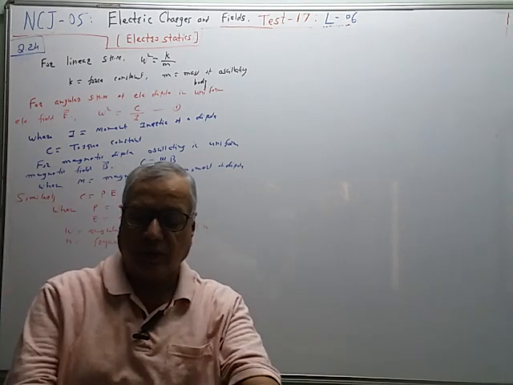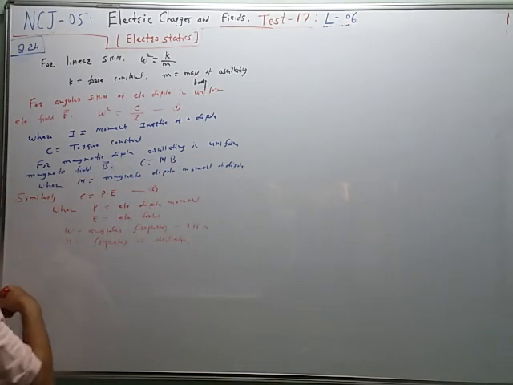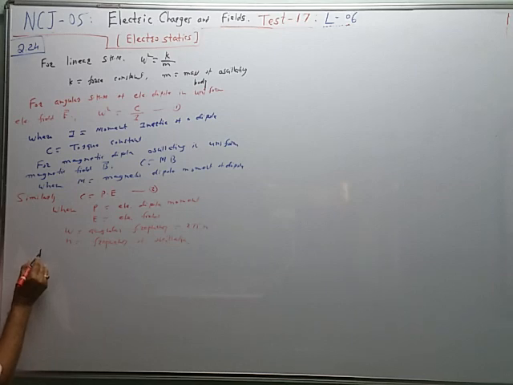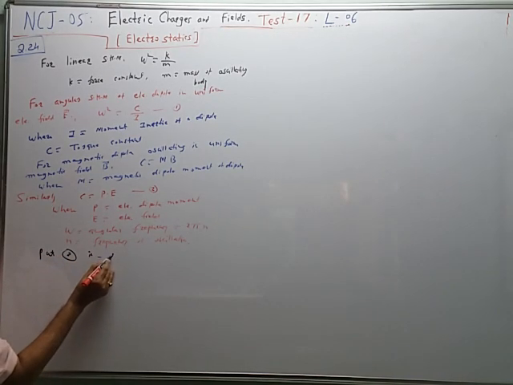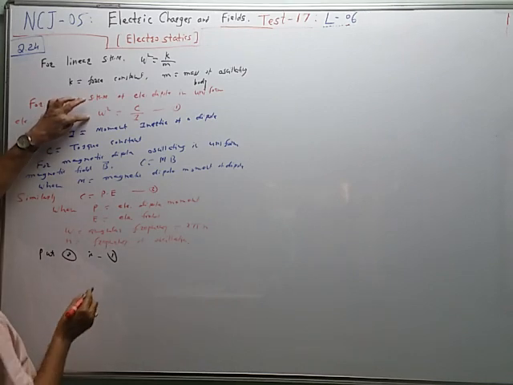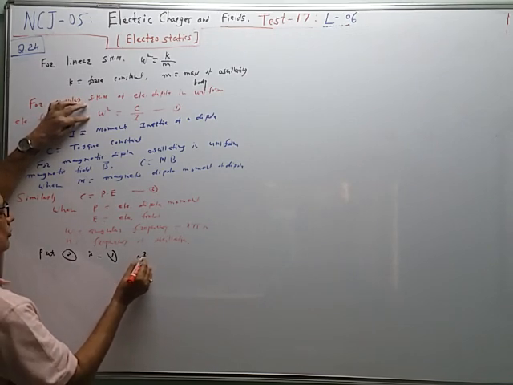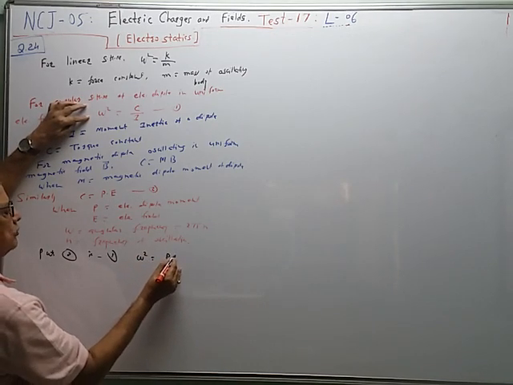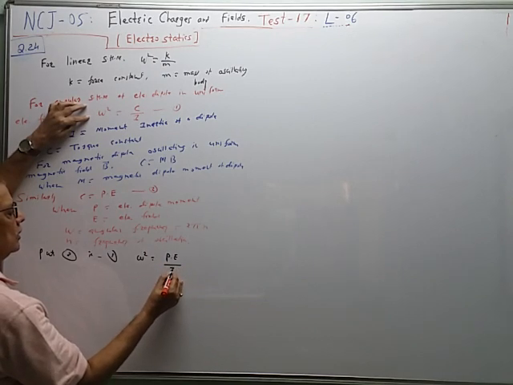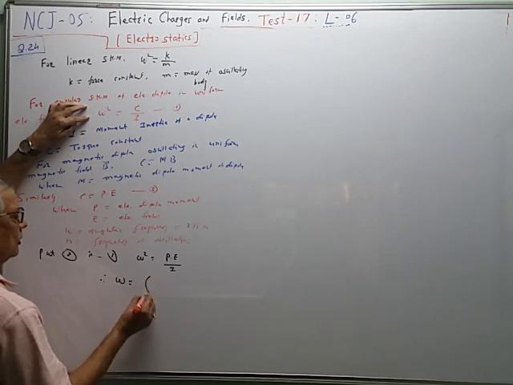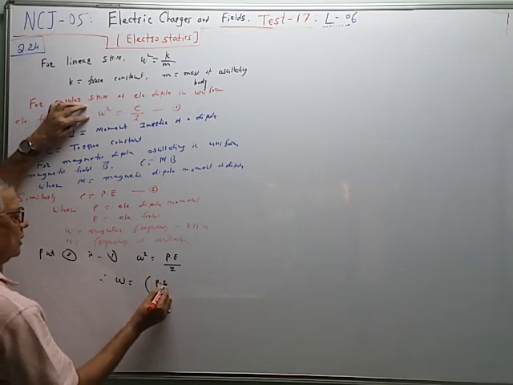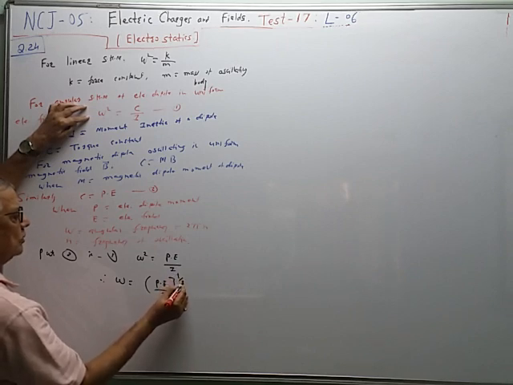Therefore, put 2 in 1. Therefore, omega square is equal to P into E upon I, and therefore omega is equal to P electric dipole moment, electric field, moment of inertia, bracket raised to 1 half.